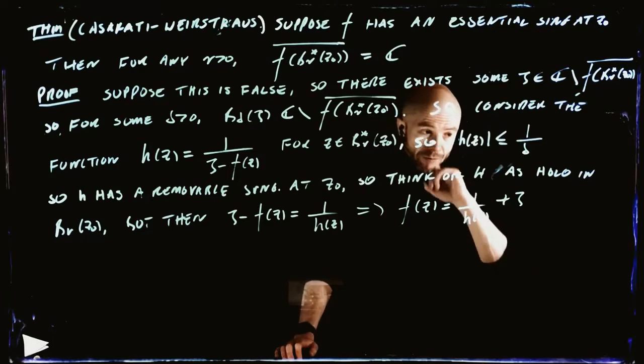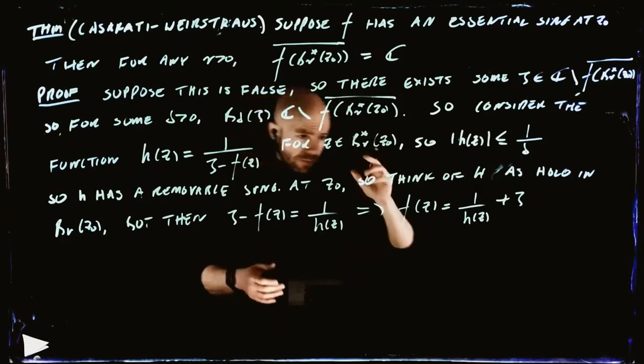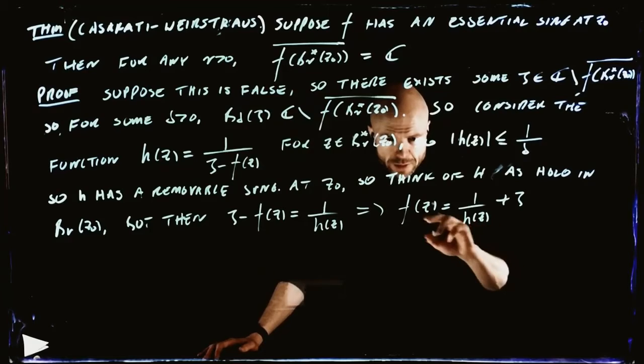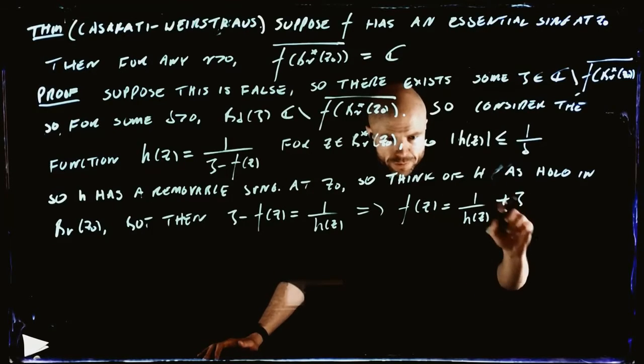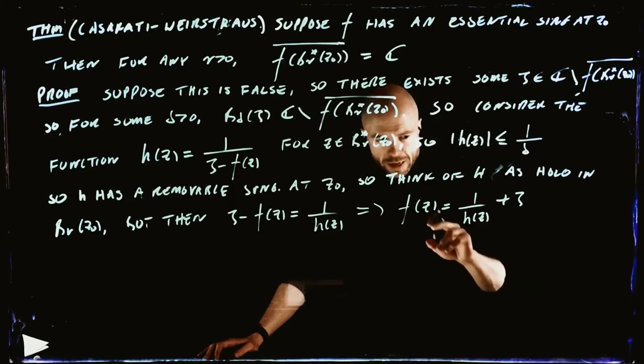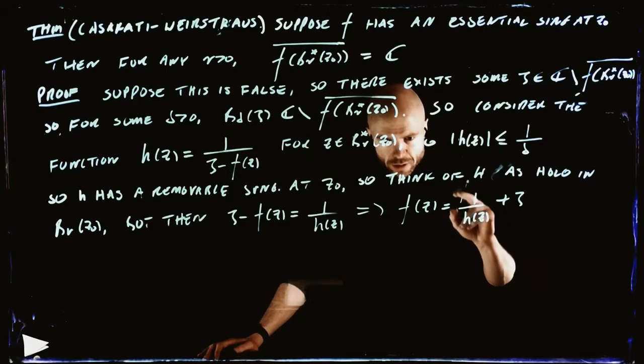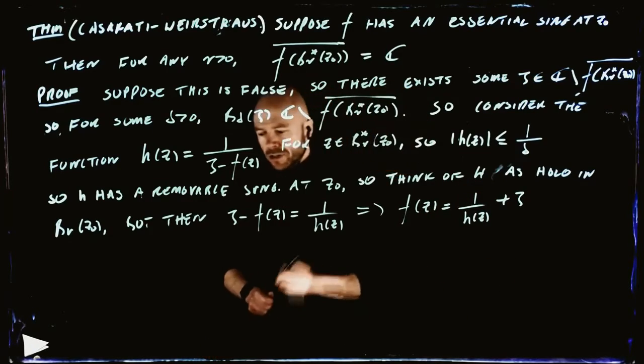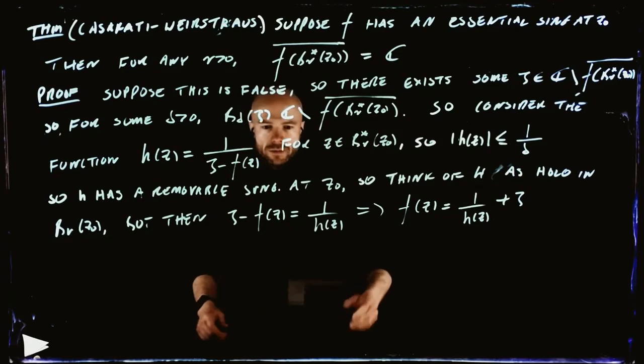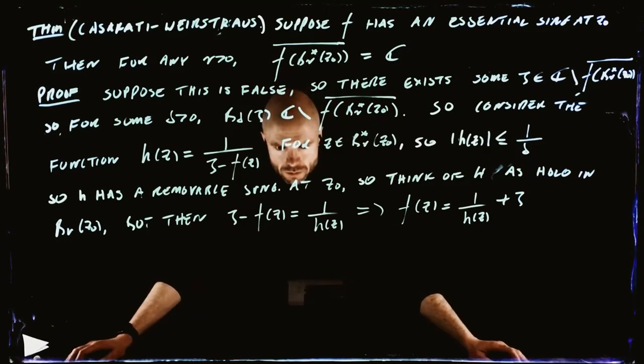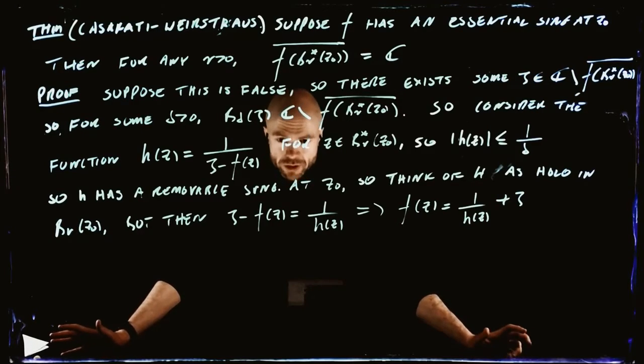Cool. All right, so now, what is going to happen as z goes to z0? This zeta is just a constant, right? So we don't have to think too much about that. So when z approaches z0, what happens to f is really depending on what happens to this thing. Yeah? Okay, so what are the possibilities for h at z0? Could h of z0 just be some non-zero number?